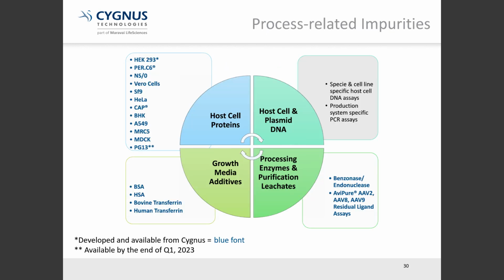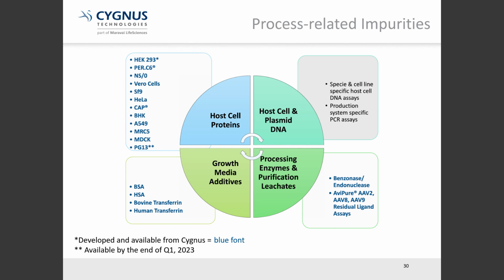So here we have a list of a lot of the common expression platforms, top left. These are a lot of the expression platforms used by viral vector manufacturing. We have generic kits to all of the common platforms. But in process-related impurities, we're also talking about removal of the host cell DNA, and common media additives such as HSA, transferrin, and some of these other things that we add into our culture media.